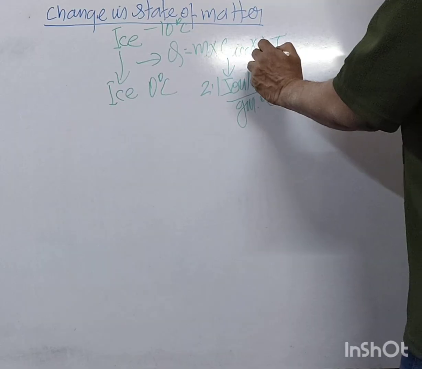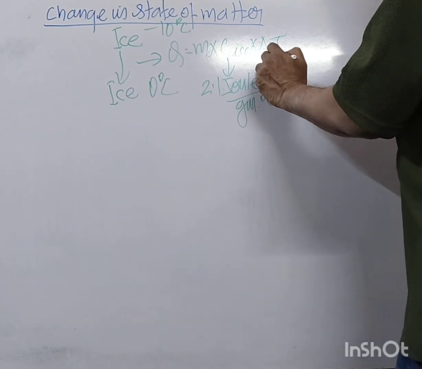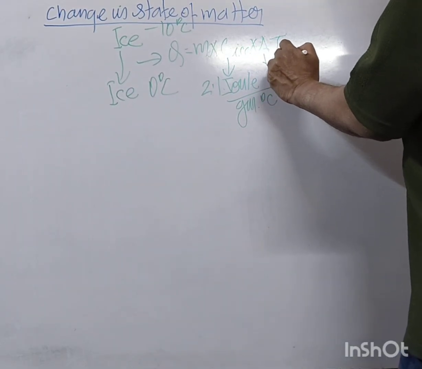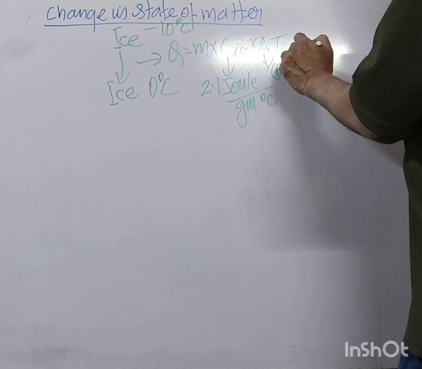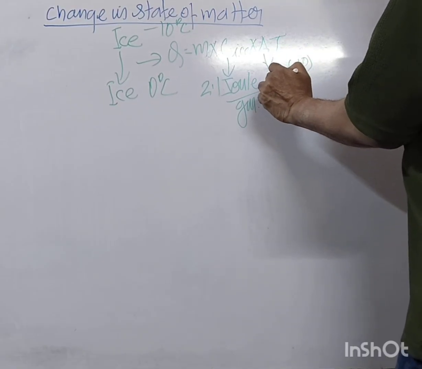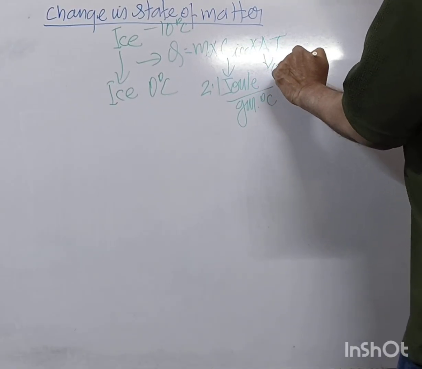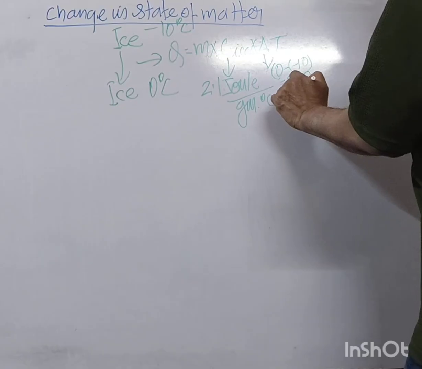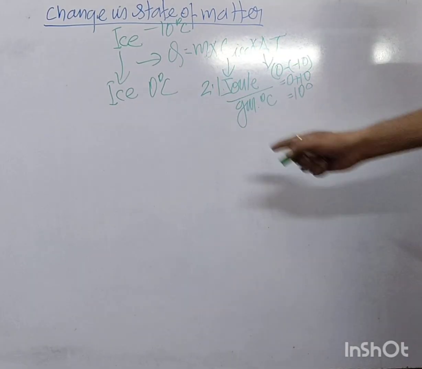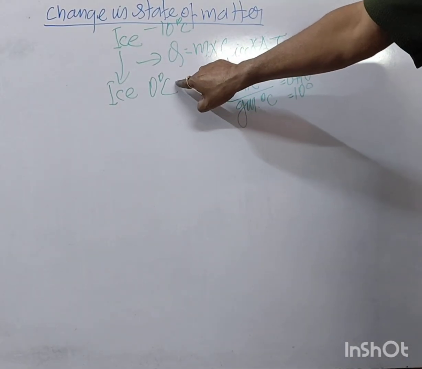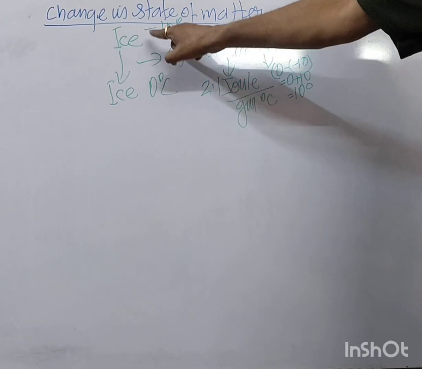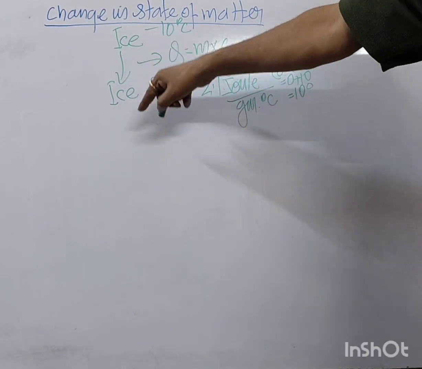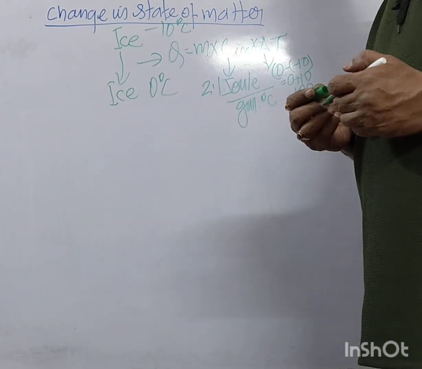And it is coming from 0 minus 10. So it turns to be 0 plus 10, it becomes 10 degrees Celsius. So this is how we can get heat energy required for bringing minus 10 degree ice to 0 degree ice.